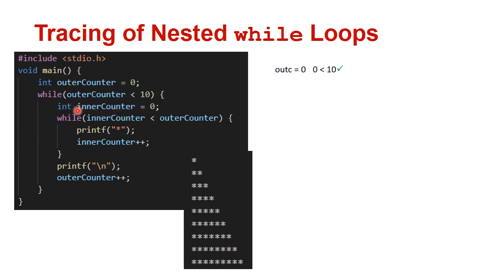First the inner counter is 0. Then check the inner while loop condition: is inner counter less than outer counter or not? Inner counter is 0, outer counter is also 0. So the condition is false.